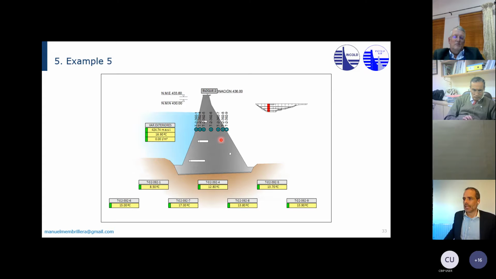And these are thermistors installed in contact with the water and with the air. And this is the temperature at a certain moment. So you can see going from 15, 8, 12, 17, 13, 14. So this is the temperature here.